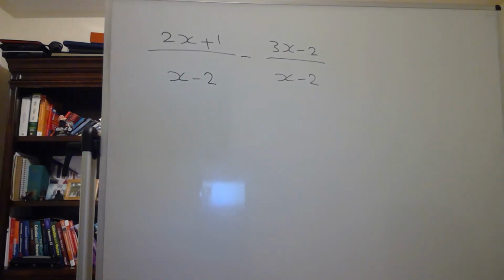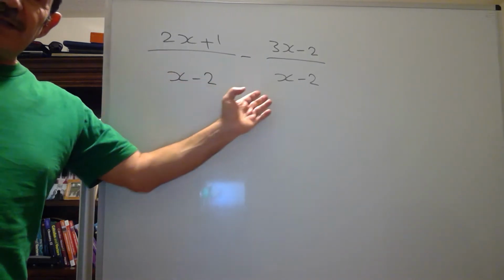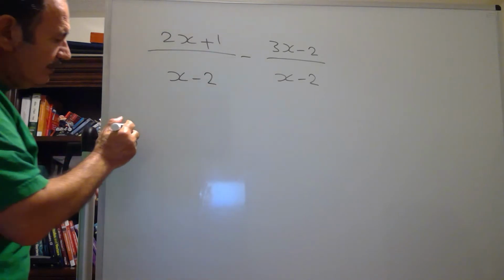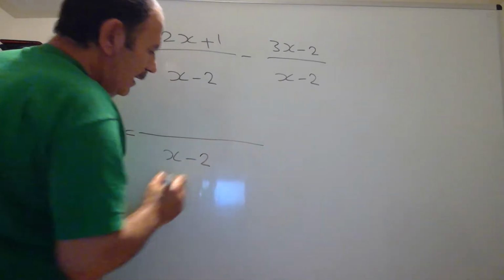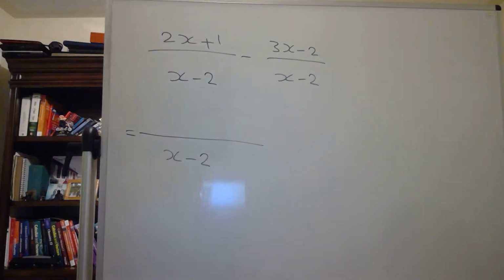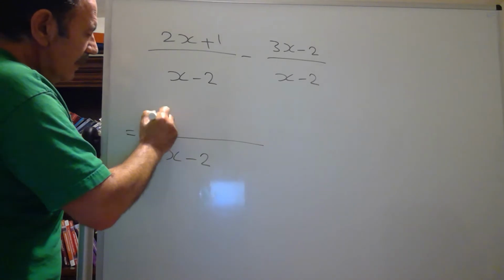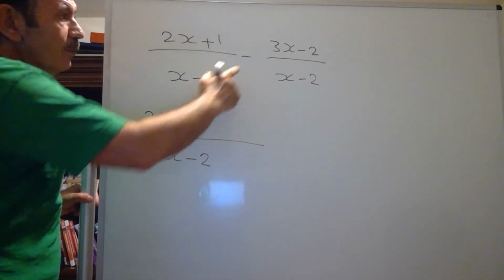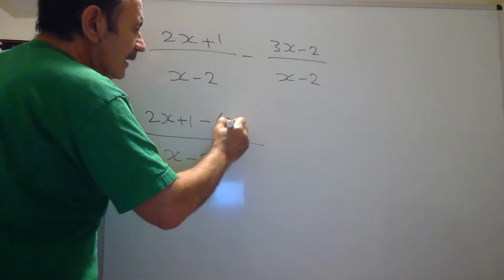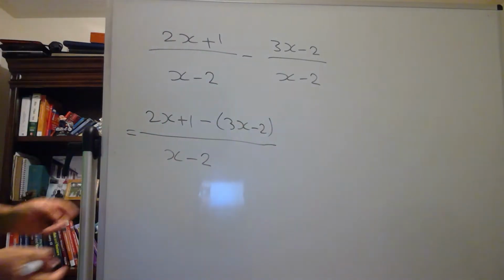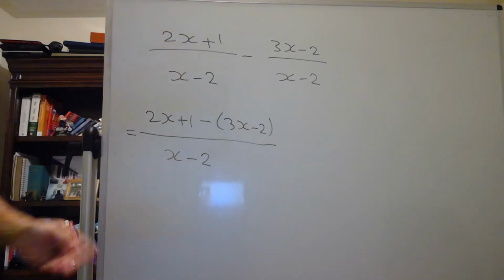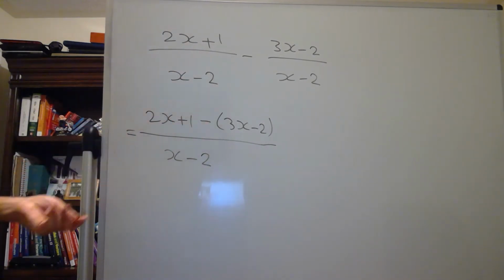We are doing the same thing. When the denominators are the same, write the same denominator, x minus 2, and do the algebraic addition of the numerators. So it's going to be 2x plus 1 minus 3x minus 2. So when the denominators are the same, write the same denominator and do algebraic addition of the numerators.